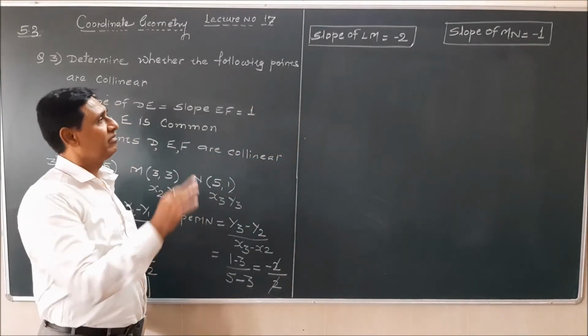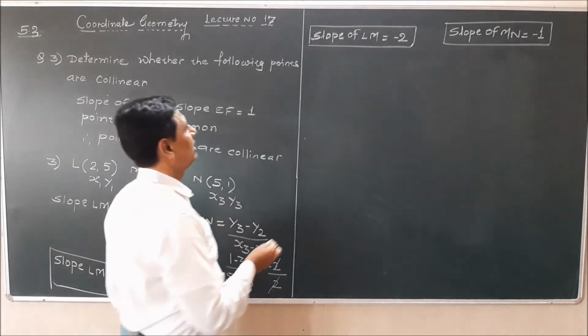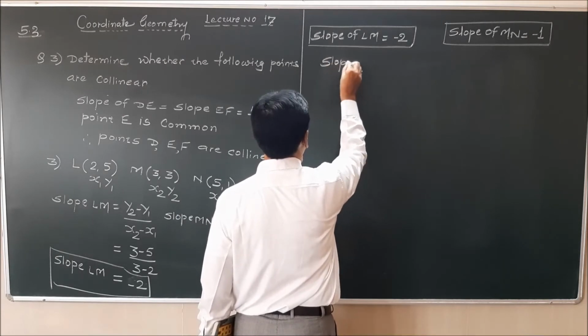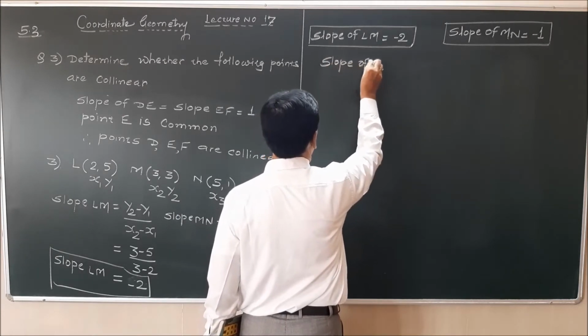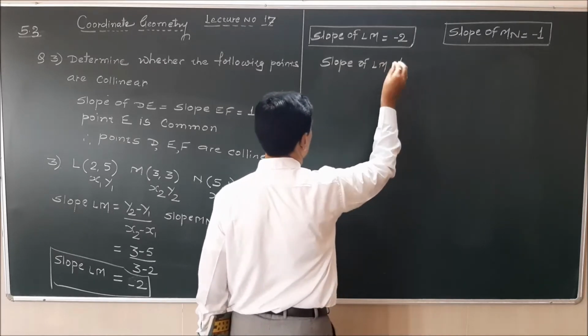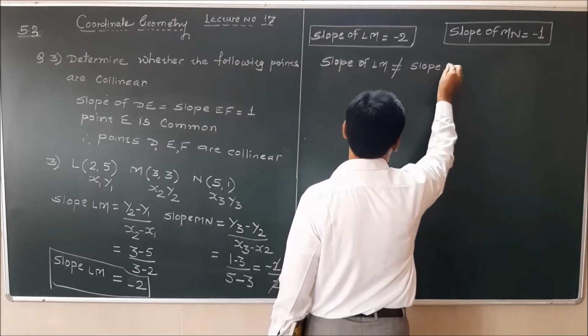Since slopes of LM and MN are not equal, we'll write the next step. Slope of LM is not equal to the slope of MN.